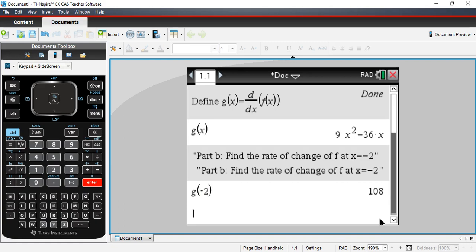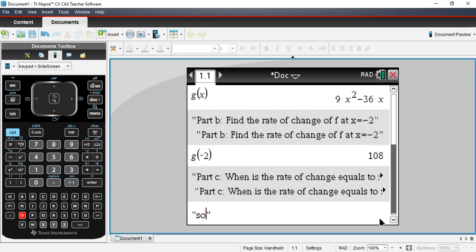So can we do part C? When is the rate of change of f of x equal to 0? What does that mean? For part C, when is the rate of change equal to 0? This is asking you to solve for x when f prime of x equals 0.